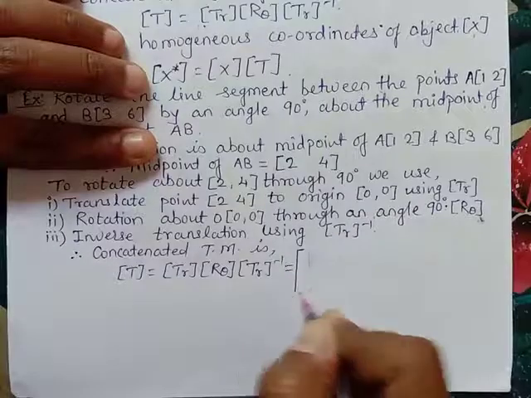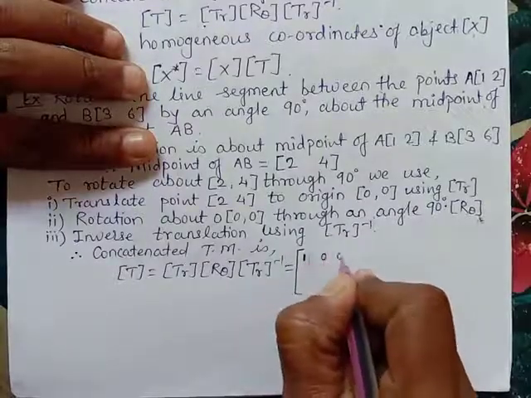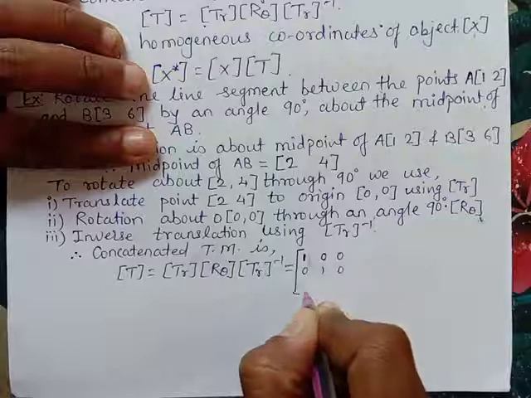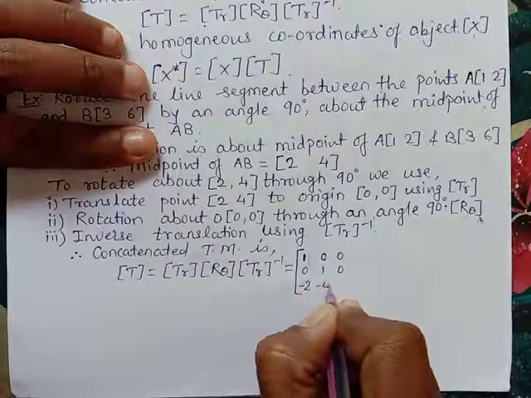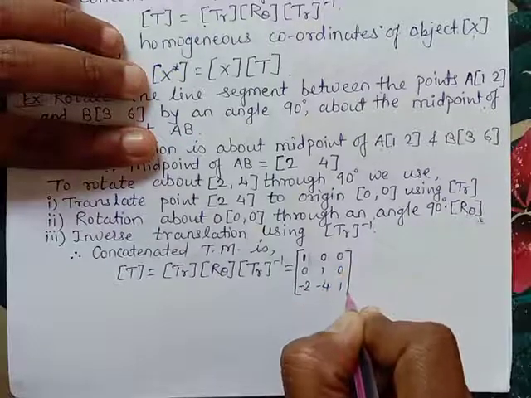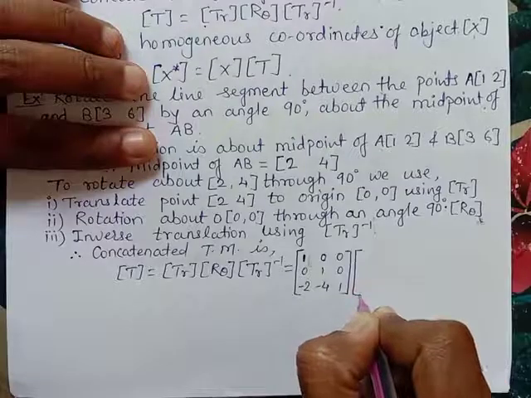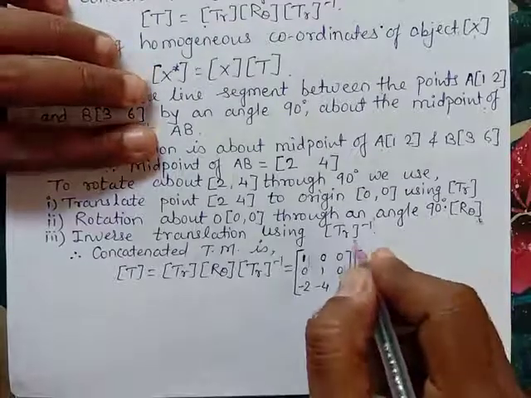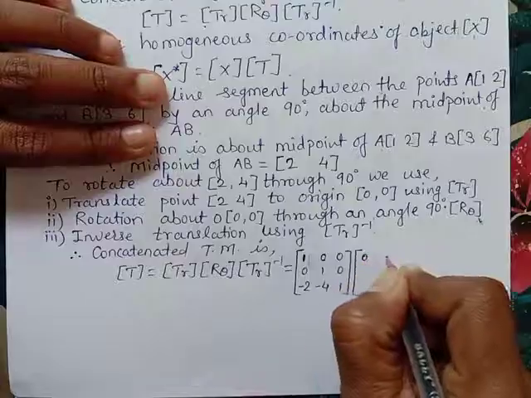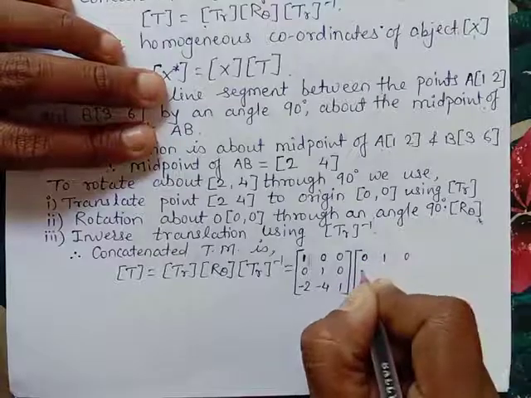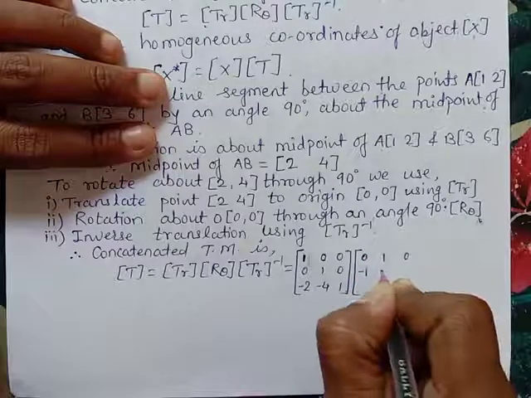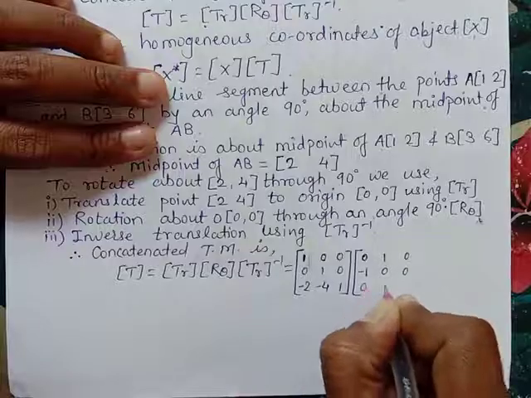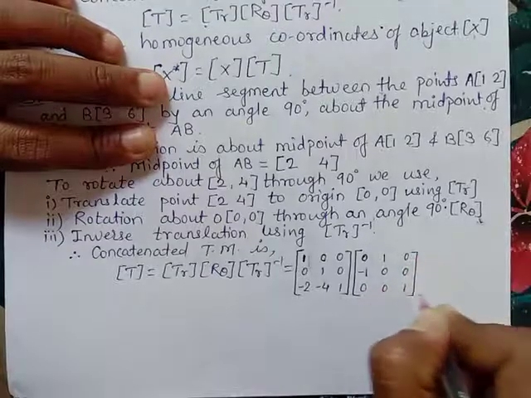And that will be, matrix TR is 1 0 0, 0 1 0, minus 2 minus 4 1. R theta will be cos 90 0, sin 90 1 0, minus sin 90, so minus 1, cos 90 0, 0 0 1, right?